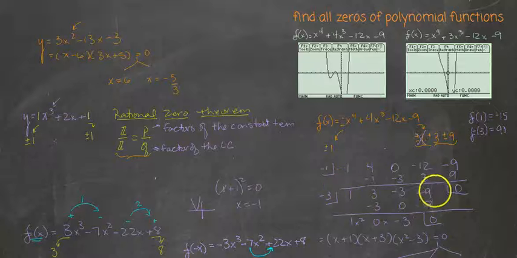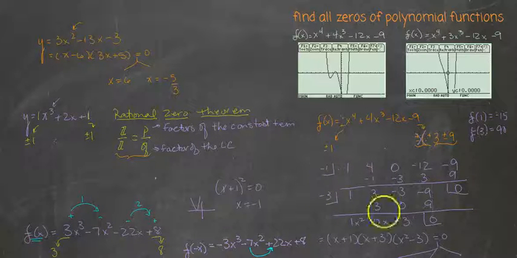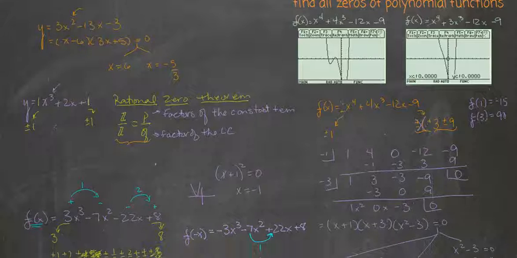Okay, so basically all we've done here today is we have looked at ways to narrow down and begin to eliminate all the possible choices of values for testing by synthetic division. We're still finding zeros exactly the same way using synthetic division.